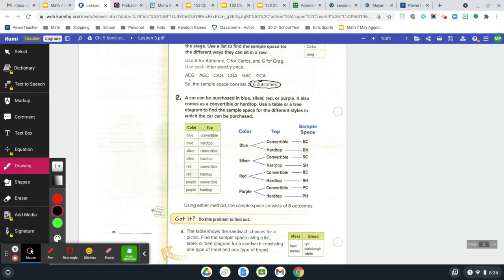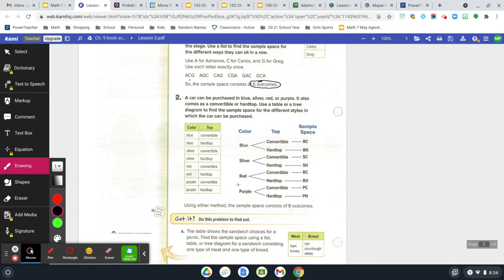Now, how the tree diagram works. It's going to look like what it sounds like, in some respects, meaning you're going to have a trunk of a tree. You take the colors of the car, blue, silver, red, and purple, and list those as the trunk of your tree.